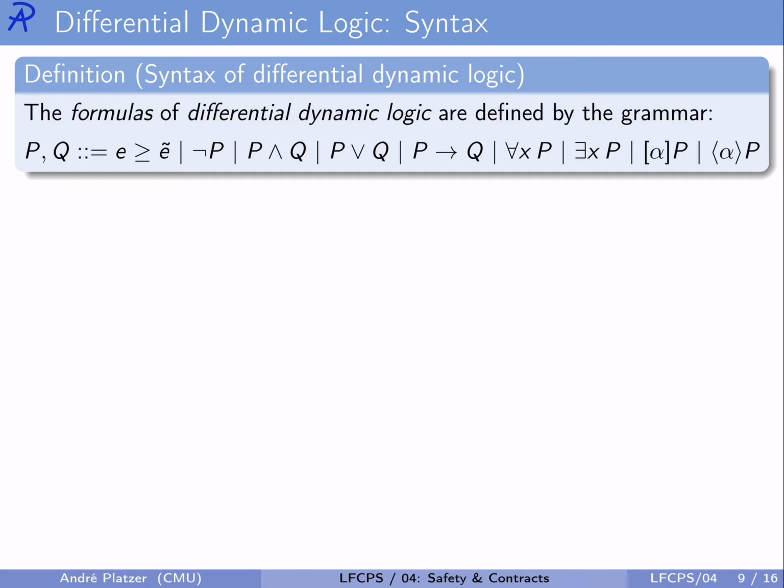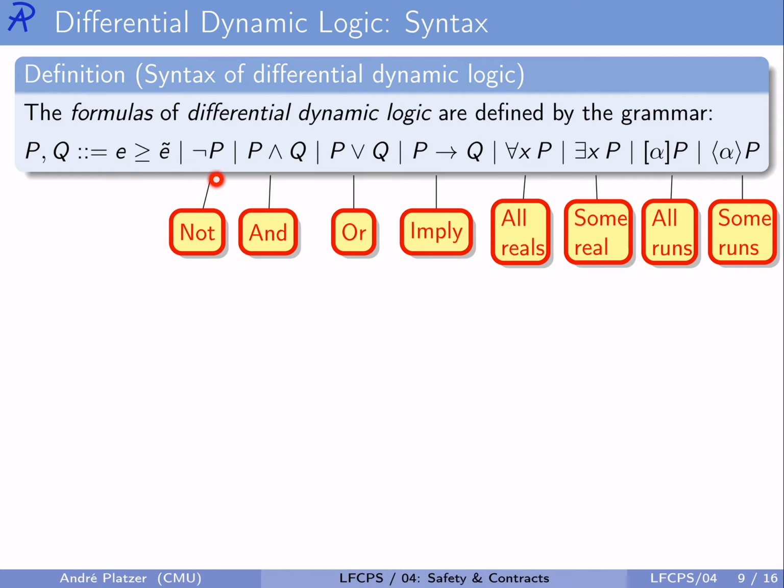The syntax of differential dynamic logic defines the formulas by the following grammar. The formulas P and Q can be real arithmetic comparisons of terms, logical not, and, or, implication, and of course all the other operators of first-order logic as well.